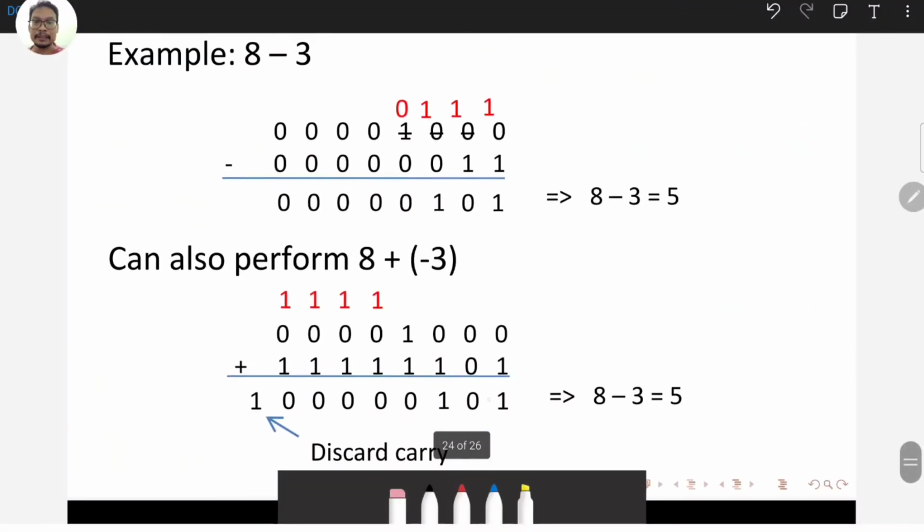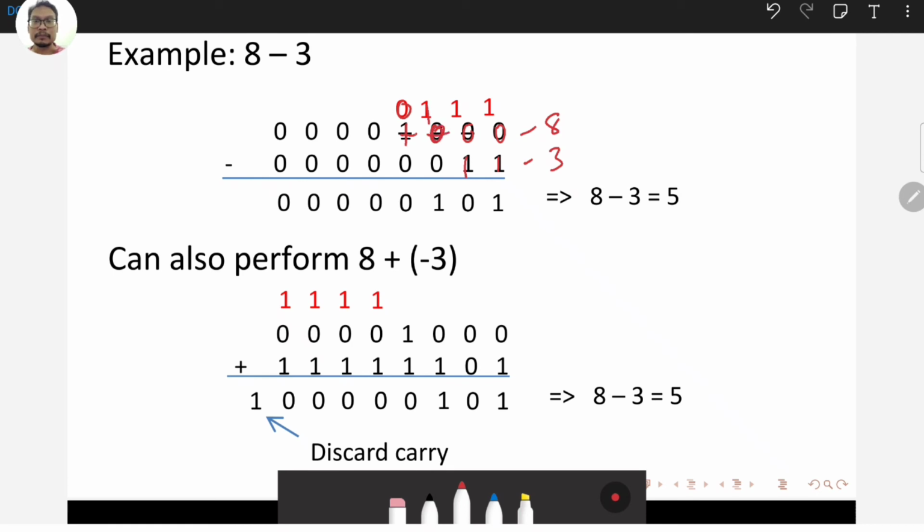Subtraction is also similar, where we can represent 8 here and 3 here. So 8 minus 3. 0 minus 1 is not possible, so we are going to borrow from here. Now this becomes 0, this becomes 2.